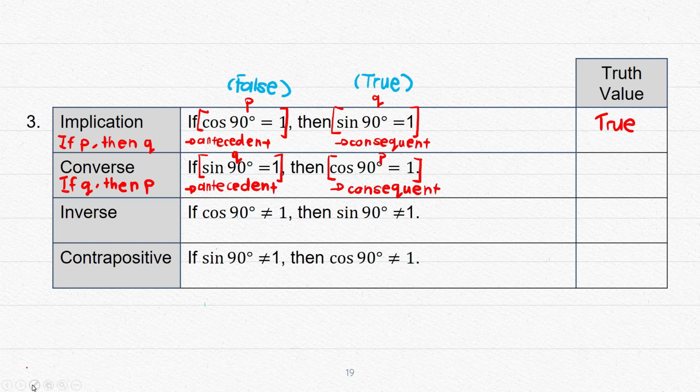If the antecedent is true, which rule applies, rule number 1 or rule number 2? Number 1, correct. Can you explain what rule number 1 says?